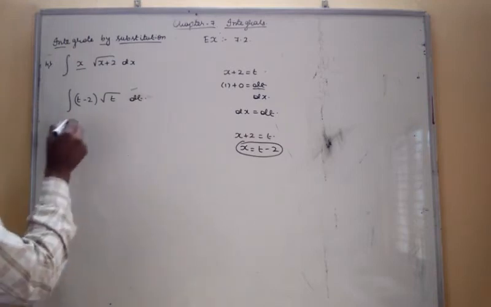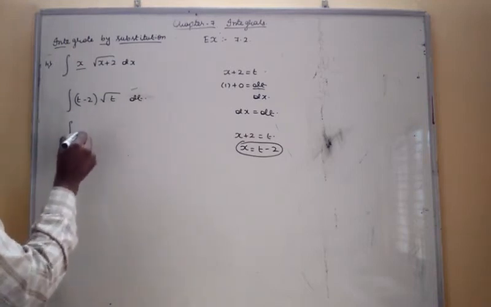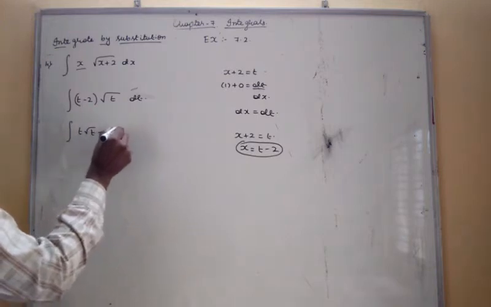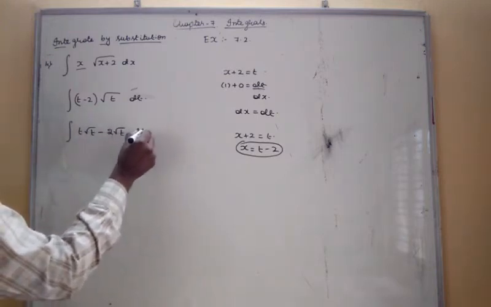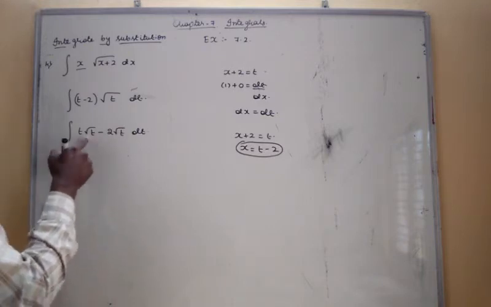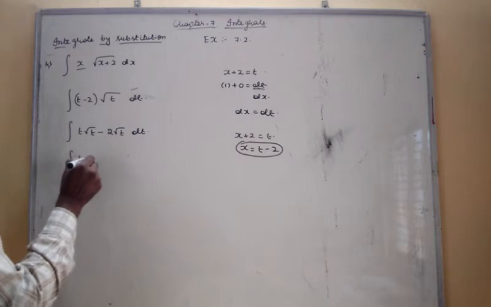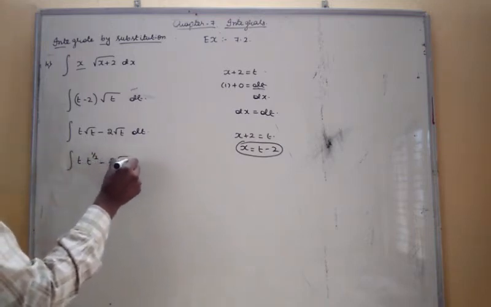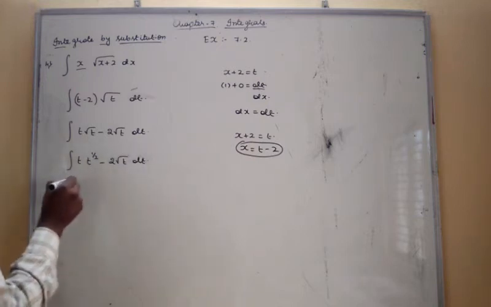Then if you multiply this, it means t into root t minus 2 root t dt. Let us convert this into exponential form: t into t to the power of 1 by 2 minus 2 root t dt.